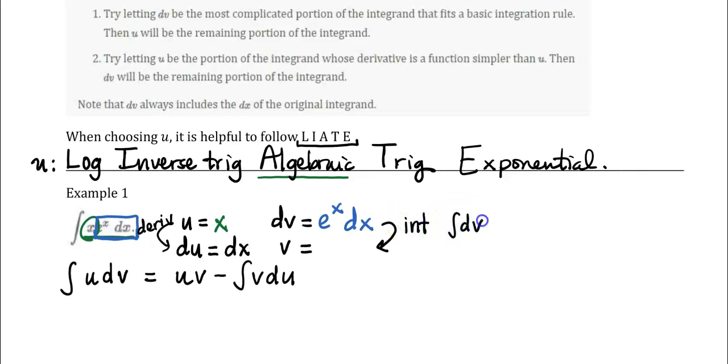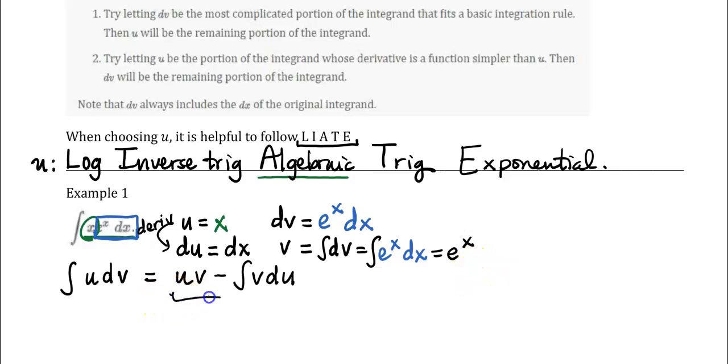So I'm going to take the integral of dv in order to get v. I'm integrating e to the x dx, and the integral of e to the x is e to the x. And I'm not going to put the plus c on this because I'm going to plug into this entire formula, and I will put a plus c on the end after I plug into that formula.